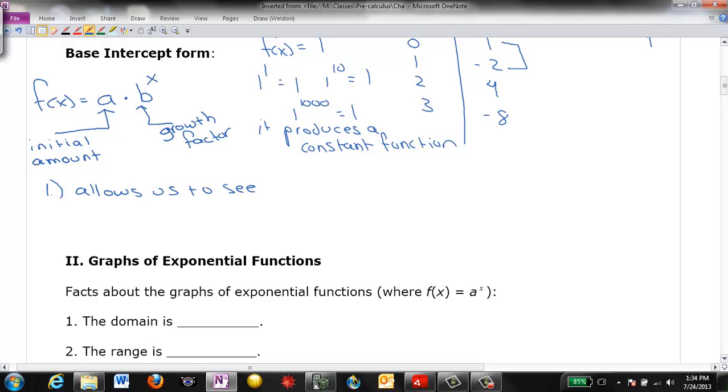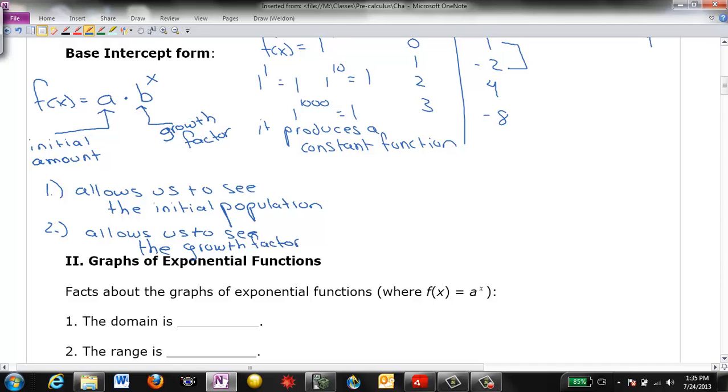Okay? So some advantages of this particular form: one, it allows us to see the initial population right away just by looking at the function. And two, it allows us to see the growth factor right away.